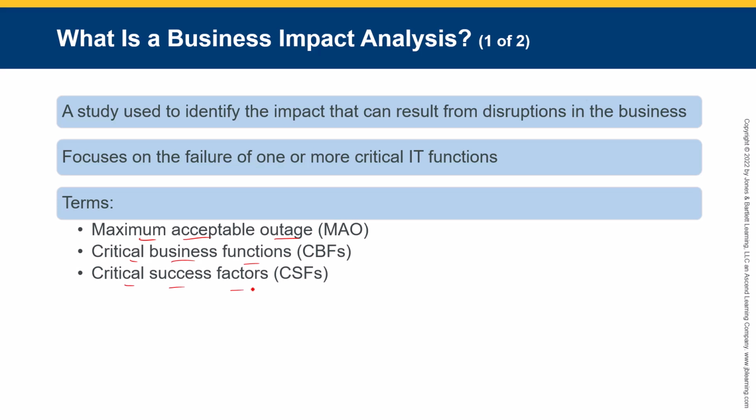There's more than just these 3 terms, but our book likes to focus on these 3 terms. Key indicators, key performance indicators, indicators of compromise. These are specific BIA terminology that our book just glances over at a high level.